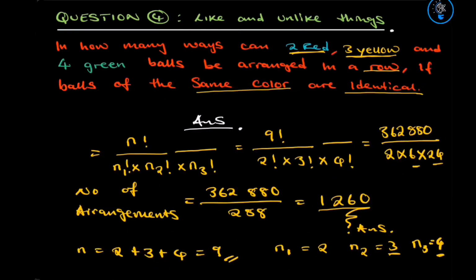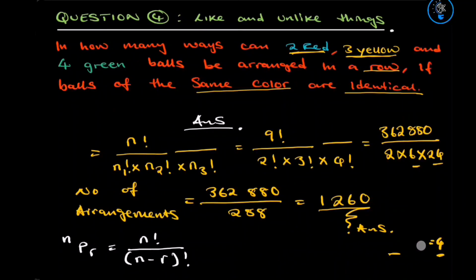Very easy and straightforward. Don't forget, for permutation, we have 2 formulas. We have this formula, that is if you're not given items that are grouped.